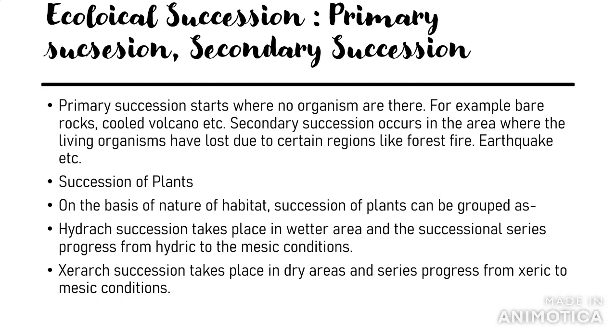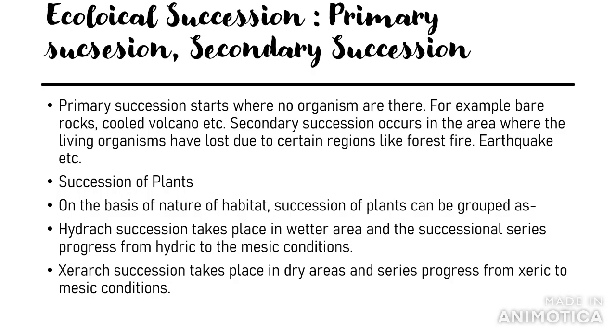Ecological succession: primary succession, secondary succession. Primary succession starts where no organisms are there, for example bare rocks, cooled volcano, etc. Secondary succession occurs in the area where the living organisms have been lost due to certain reasons like forest fire, earthquake, etc. Succession of plants.